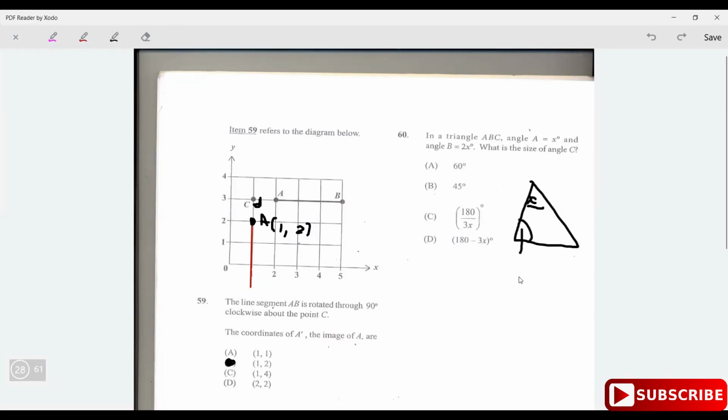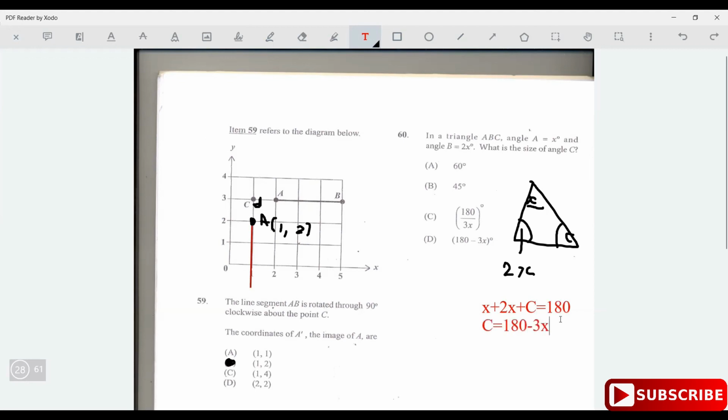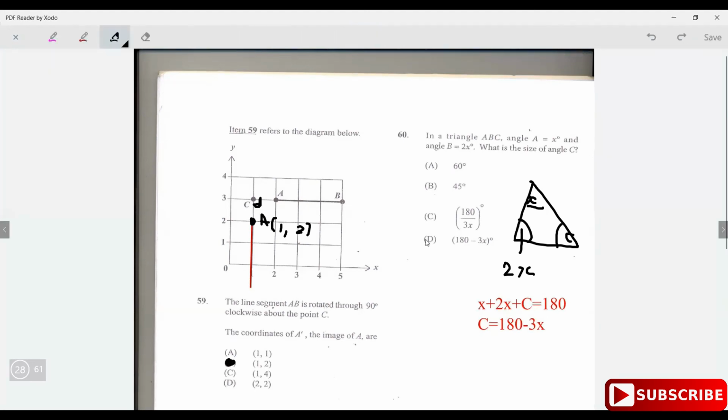This is the angle at C. Angles in a triangle sum to 180. So x plus 2x plus the angle at C equals 180. And so x plus 2x is 3x, and the angle at C is 180 minus 3x. That's option D. Easy question.